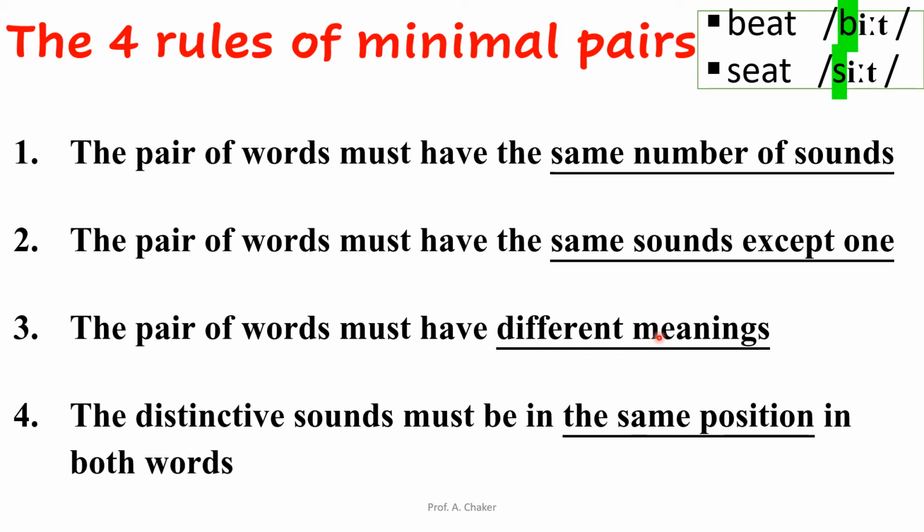Okay? This means that they must be in the beginning, or in the middle, or in the end. In this case, B and S are initial. So they must be in the same position, initial or medial or final.